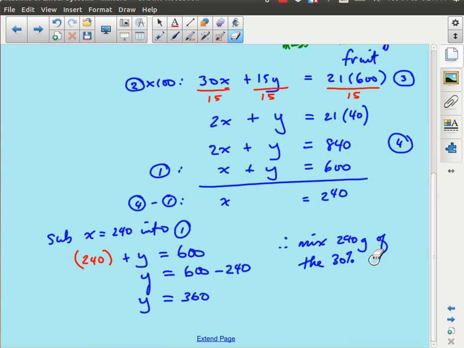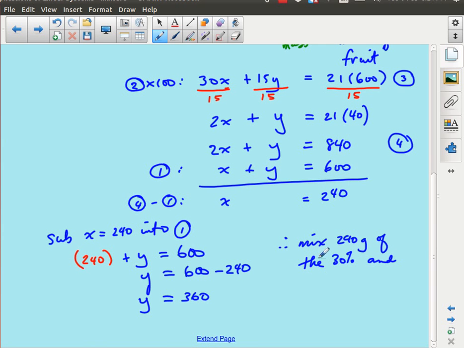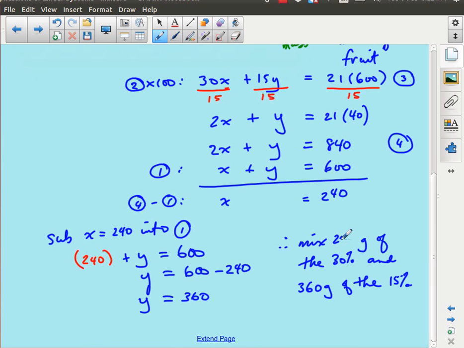I'm just going to say mix 240 grams of the 30% and how much? 360 grams of the, what's the other one? 15%. Just going to clean this up a little bit. 240 grams. Okay, so there's our first mixture example.